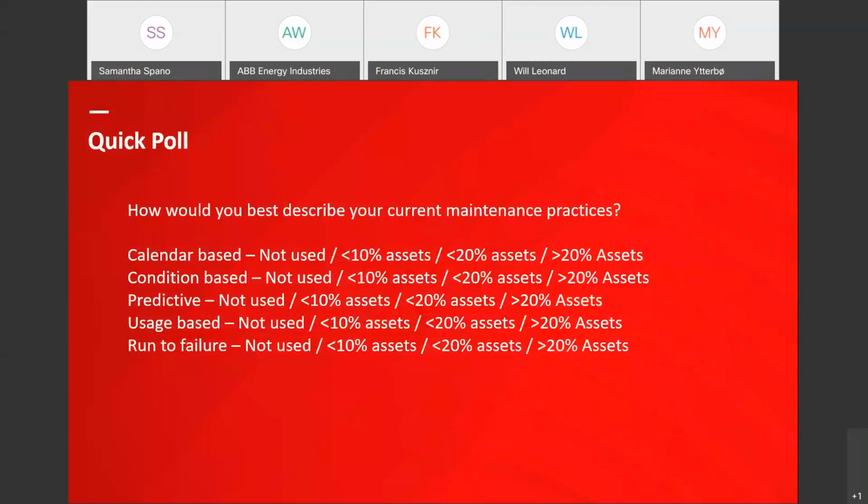There should be 4 questions on your screen on the side here. All right, I think the poll is closed, so let's wait a minute for the answers to come through. This is to have a look at how you are currently planning maintenance.